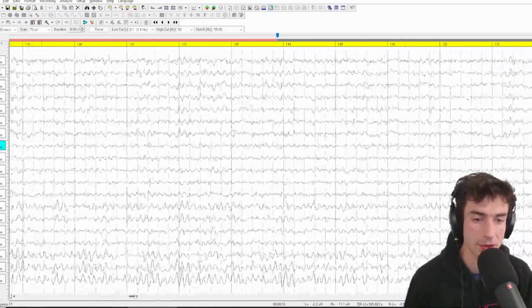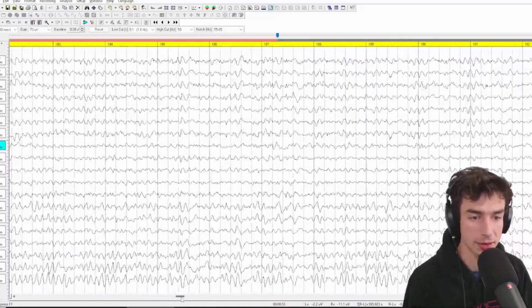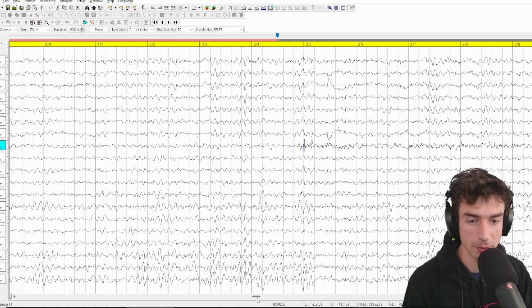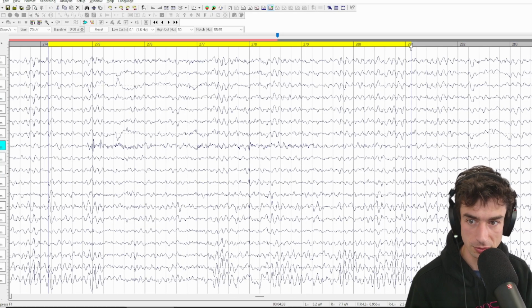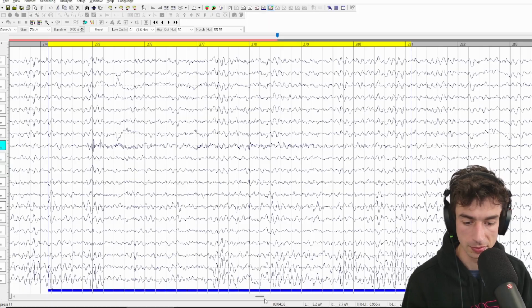So I'm just going to scroll through very quickly to see if there's anything that needs to be manually removed. Looks like this might be one of the few instances where we do have T7 EMG.